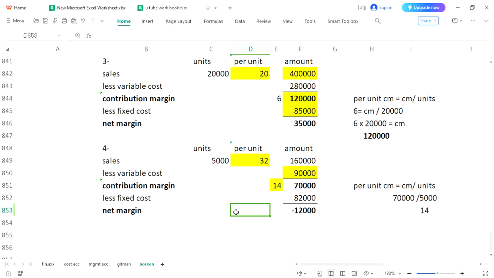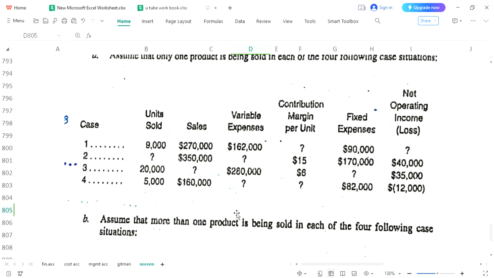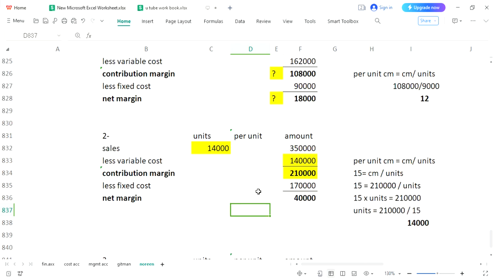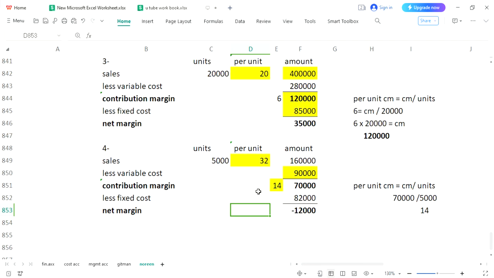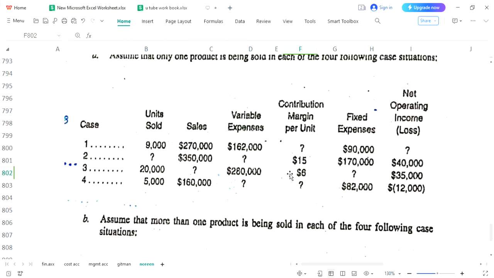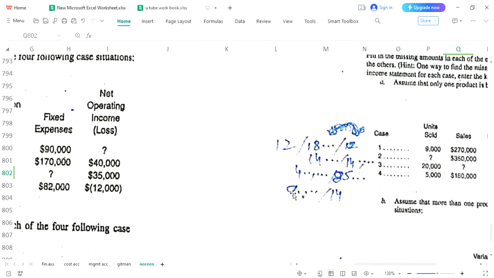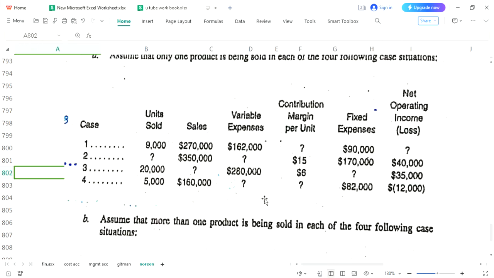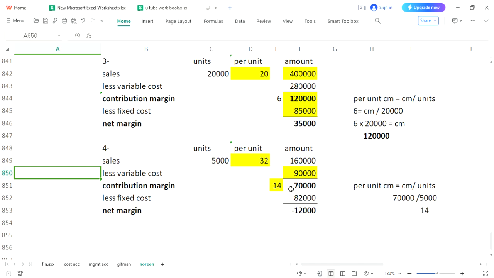Let's see what the first question mark was. In the fourth case, variable expenses. And what we have calculated in the fourth case, variable expenses, are 90,000. So come over here and look, 90,000 is written over here. First answer, 90,000, and this was for variable expenses. The second question mark is contribution margin per unit. Come over here, fourth part, and we have calculated contribution margin as 14.